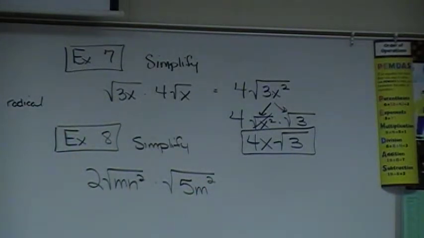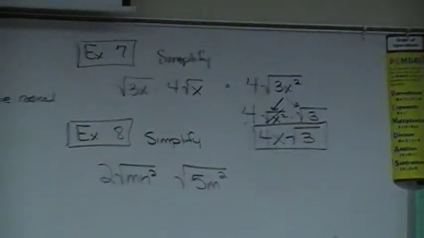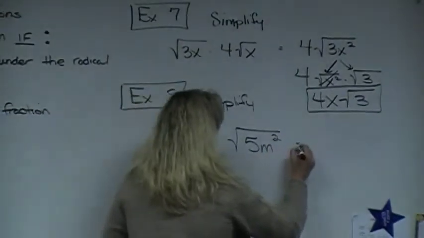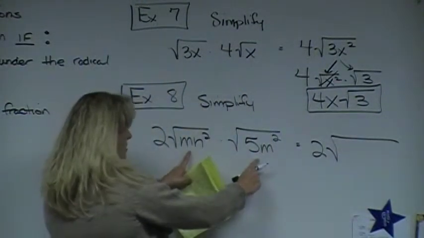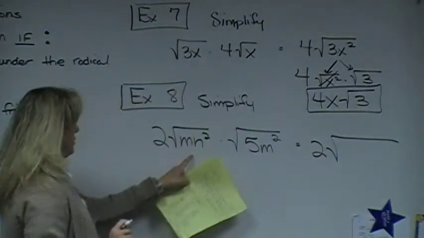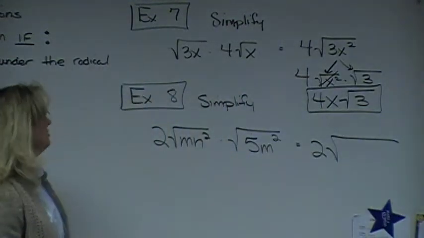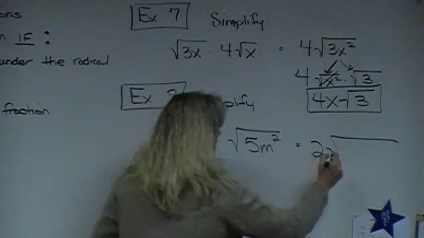Now this is a little more difficult. Okay, what is not under the radical? 2. Let's just put 2 out in front, okay? Now let's put together what's underneath the radical, multiply those together and put it here. Okay, what number do I put first? 5, so let's put 5 under the radical.